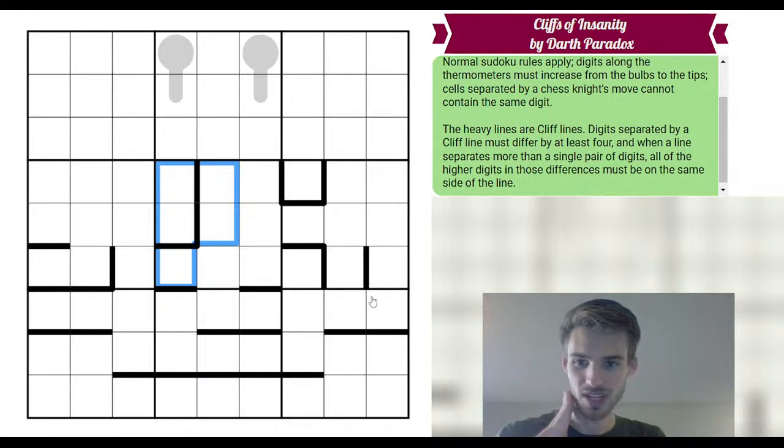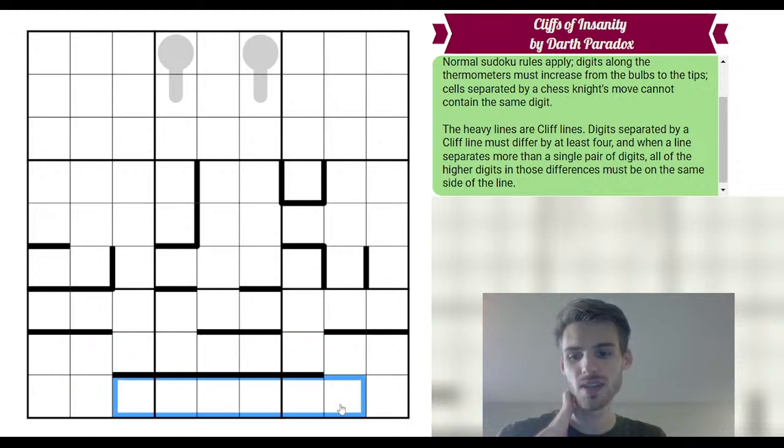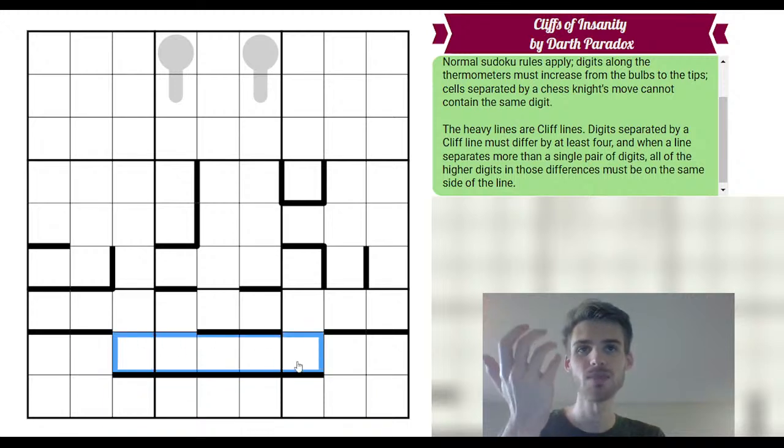And that's it. That's all the rules. So we have some kind of weird parity thing going on. We have 5 digits here and here. All the digits on the same side of the line will be the same high or low parity, except for 5, which can be on both sides of the line.